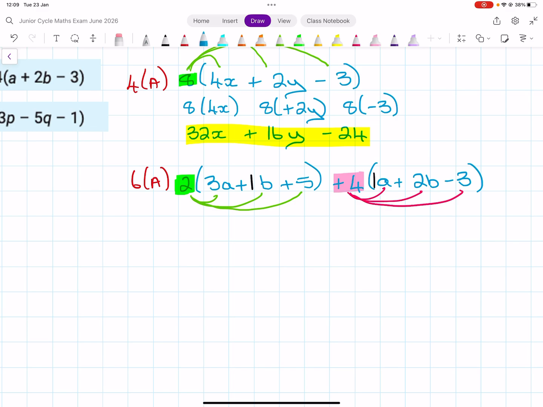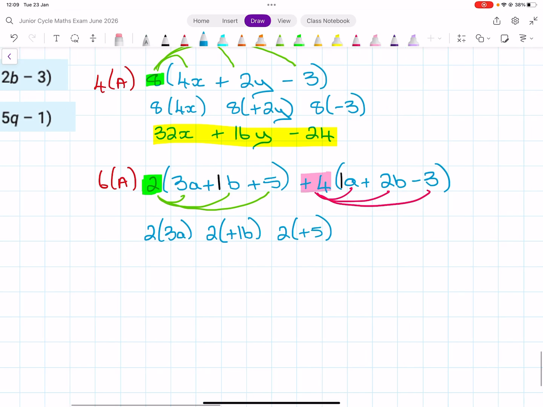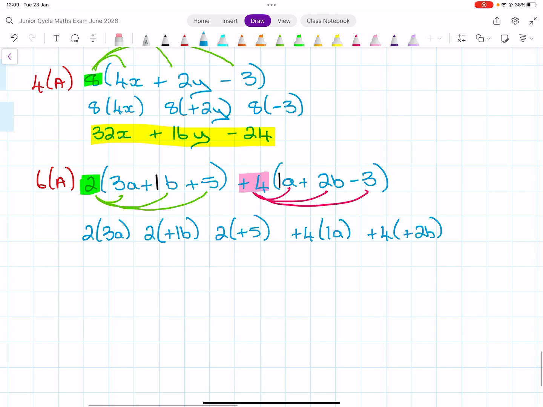Right, so I'm going to set up all my multiplications. So the 2 has to get multiplied by the 3a, the 2 has to get multiplied by the plus 1b, and the 2 has to get multiplied by the plus 5. And then the plus 4 has to get multiplied by the 1a. The plus 4 has to get multiplied by the plus 2b. And the plus 4 has to get multiplied by the minus 3.